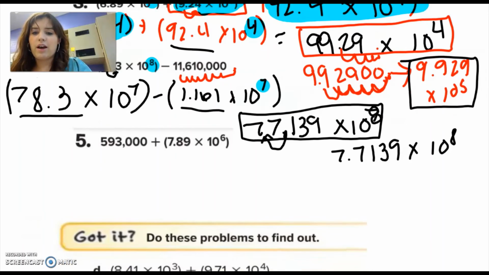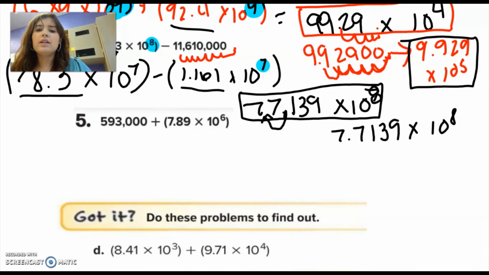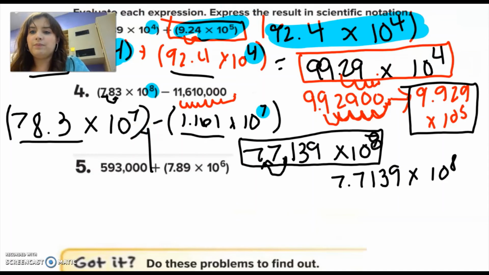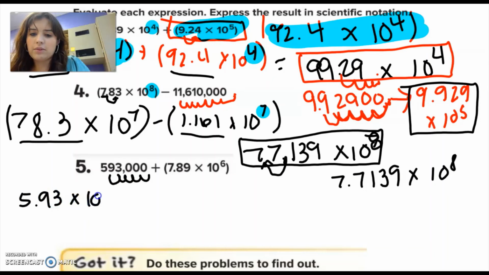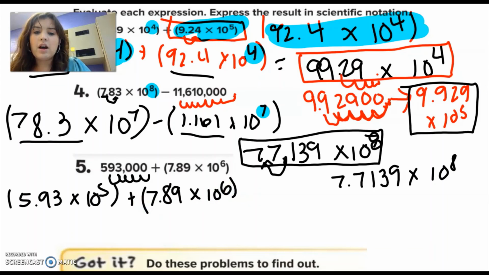For example 5, we're going to turn 593,000 into scientific notation. So take this 1, 2, 3, 4, 5 times. We get 5.93 times 10 to the 5th power plus 7.89 times 10 to the 6th power. Our last step is to match these exponents.